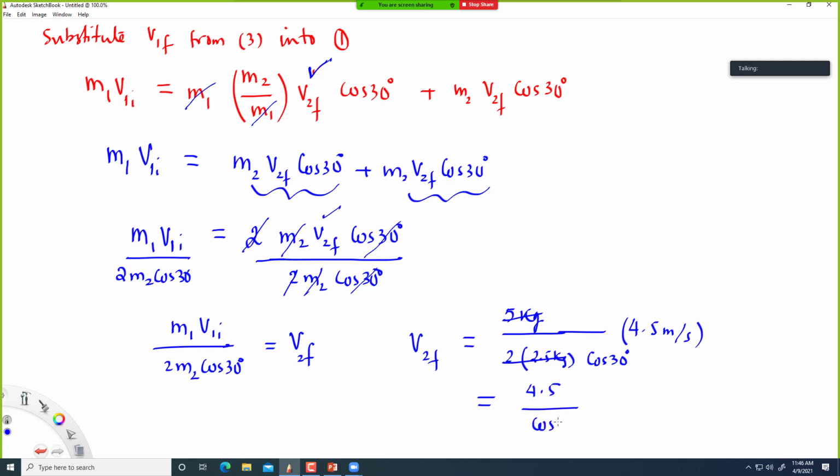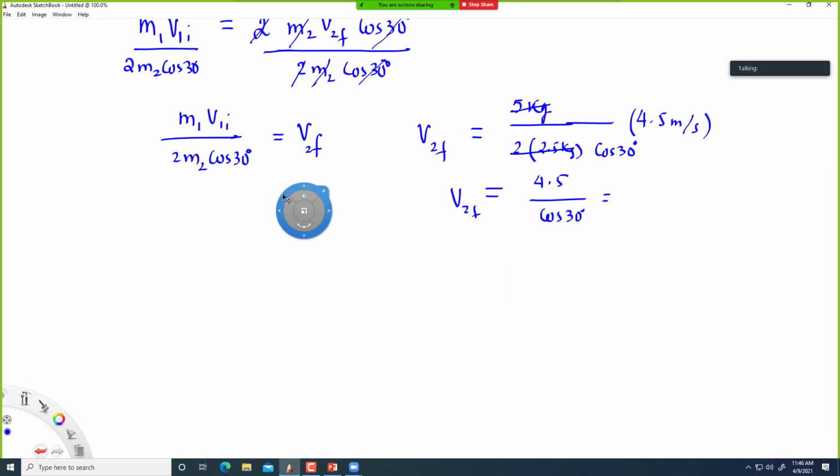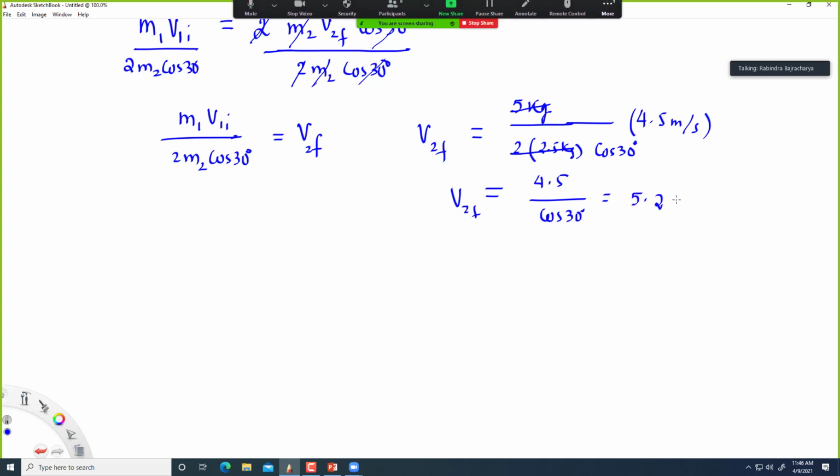Can you check that, what you get? Is that 5 point something? 5.2, okay, 5.2 meters per second.